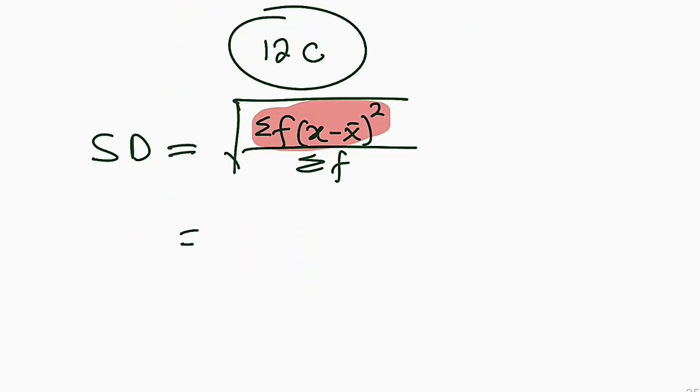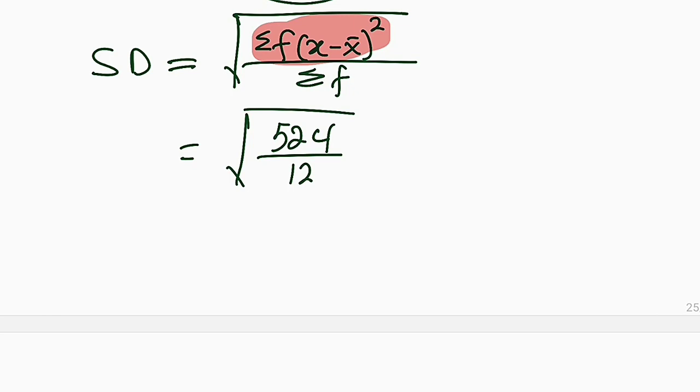So this is equal to the square root of 524 divided by summation of f, which we have as 12. And 524 divided by 12 will give us 43.666 recurring.